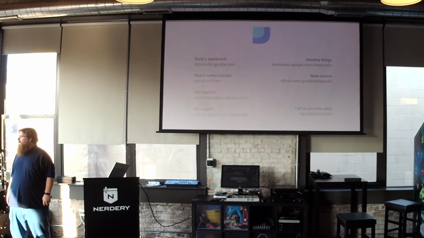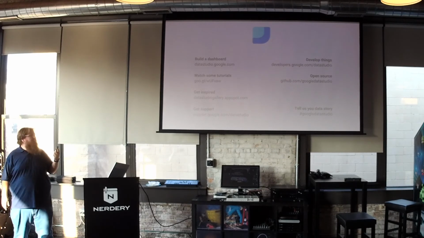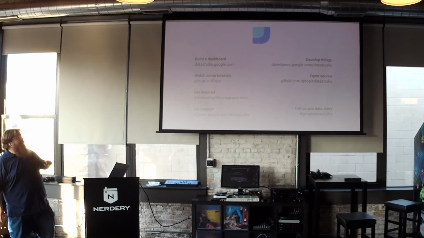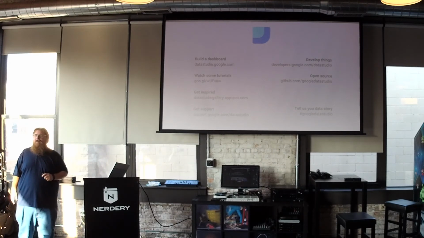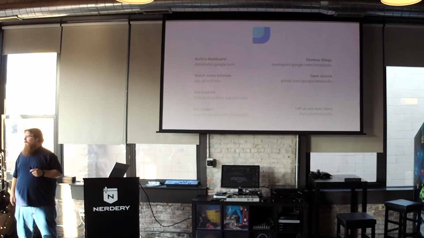You said something about open source. Can you contribute your own? Yeah. If you go on github.com/Google Data Studio, there's a community connector area where you can put it up if you want to.